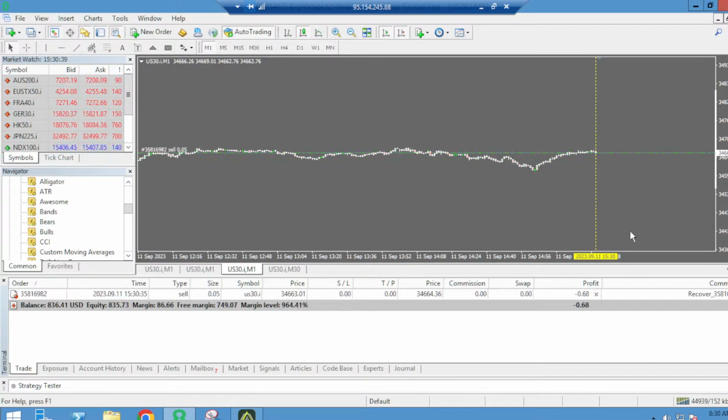A little bit of flip-flop going on. Let's see how this one plays out. Not getting any volatility right now in the market. It's pretty dead, pretty slow. We're still on the sell side. Okay, we're on the long side now.